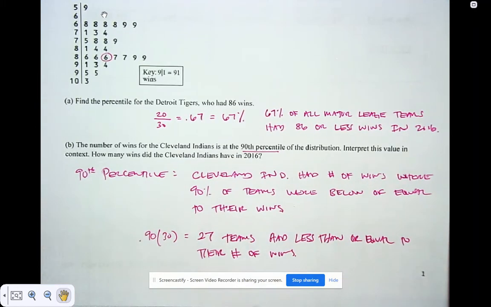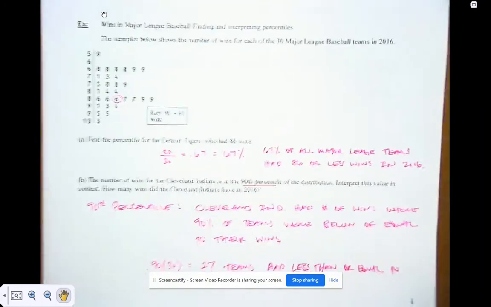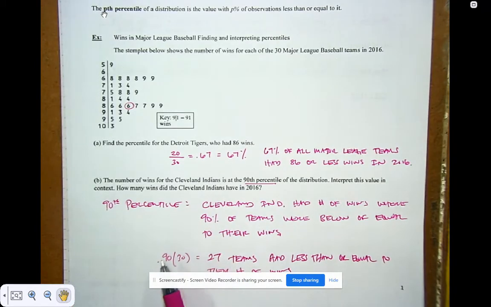What I just did, you guys, is it told us up here that there are 30 baseball teams. Well, if the Cleveland Indians had the 90th percentile, that means that if you take 90th percentile times the number of teams, that would give you 27 teams that scored the same number of wins or less.